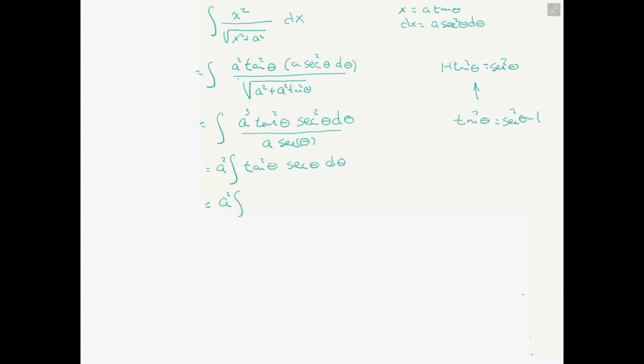Now we have secant cubed theta d theta minus a squared secant theta d theta. Now, we've already solved secant cubed, and that was by parts.